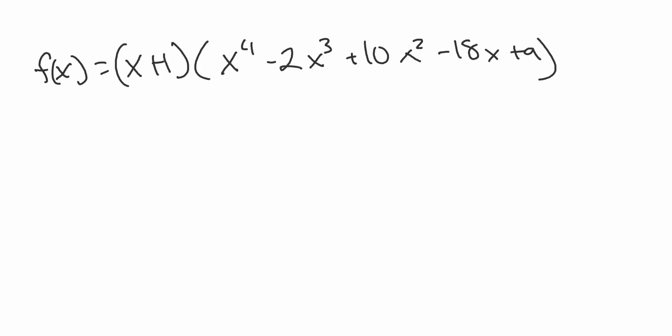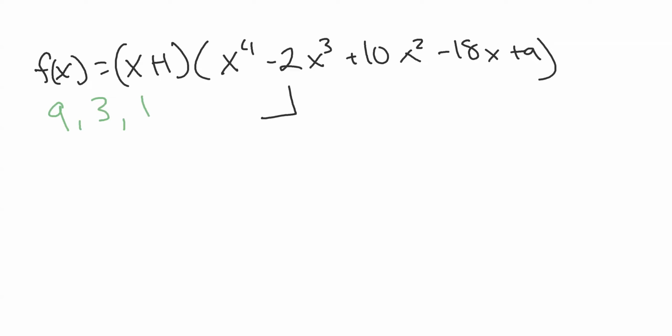So our positive rationals, since we've already found our 1 negative root, our positive rational roots can be 9, 3, or 1. All right. We can start with 1 since it's easy.